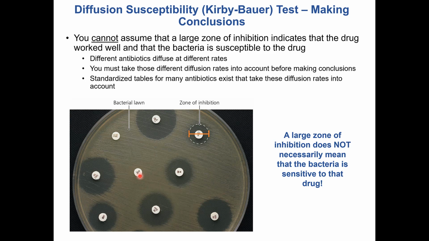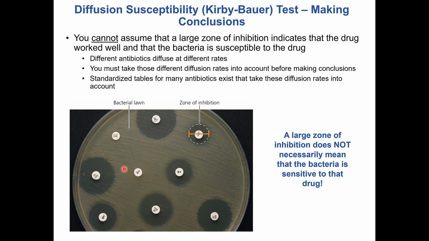At first glance, it seems logical to assume that if there's a bigger zone of inhibition around an antibiotic disc, well, then that must mean that that antibiotic worked really, really well and worked better than other antibiotics that have smaller zones. And then if you don't see a zone at all, it means that antibiotic did not work at all.